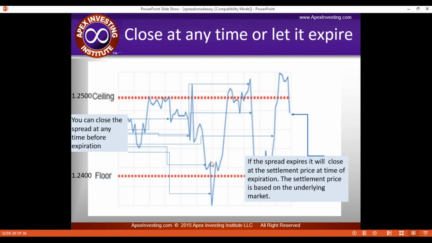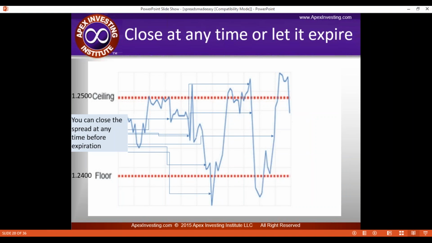So if I bought it at 24.10 and it came all the way up here to 25.00, is it a good idea to maybe close the trade right there after I've made the most that I can make on that? Yeah, because why? What happens? It gets up here and then comes down and gets up and comes down, right? Okay, and what happens? It comes all the way back down.